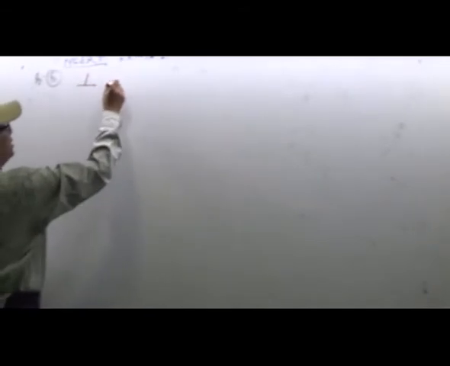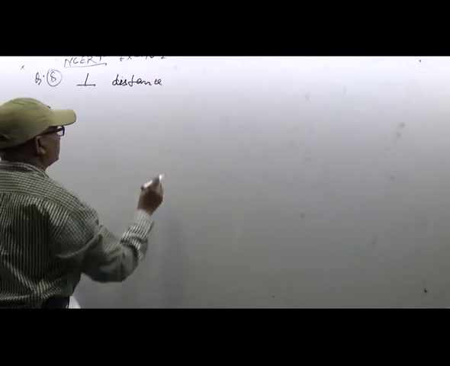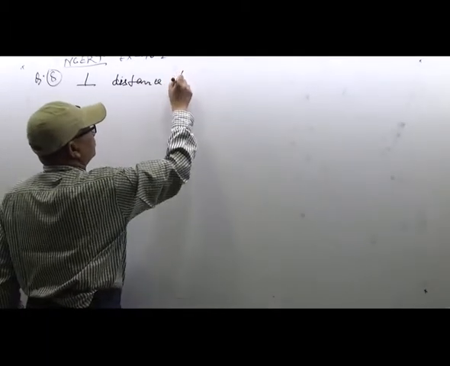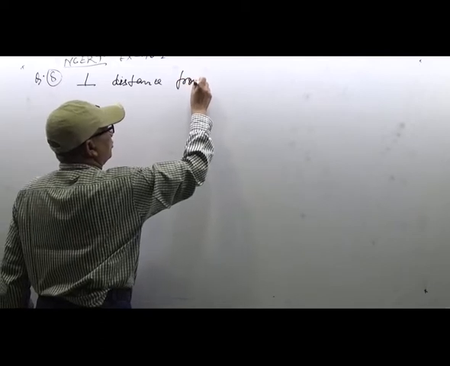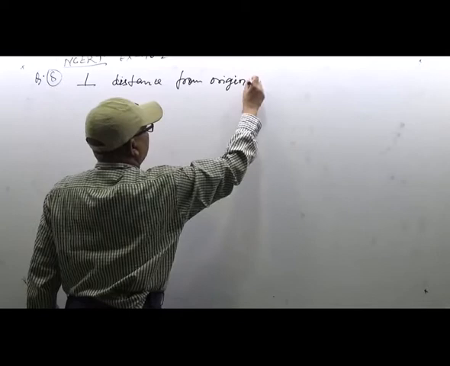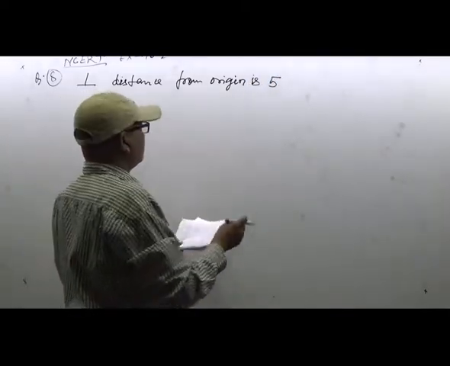Perpendicular distance from origin is 5 units.